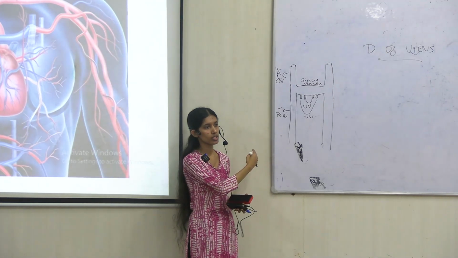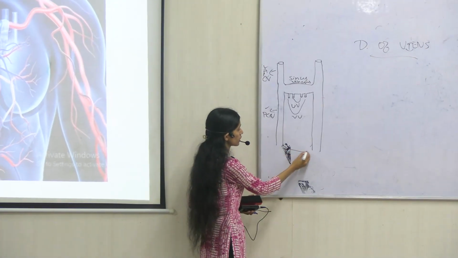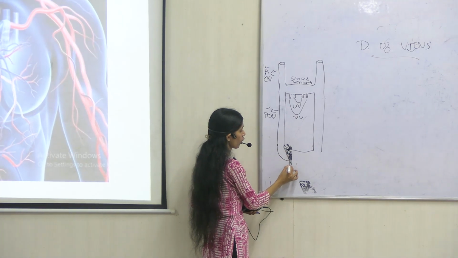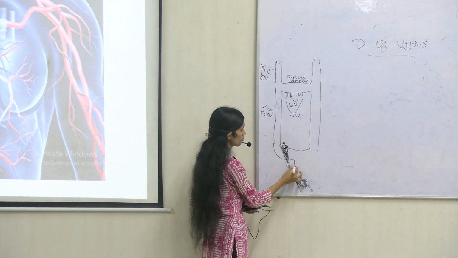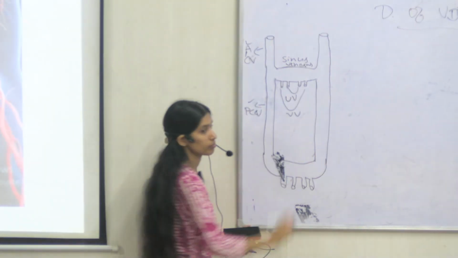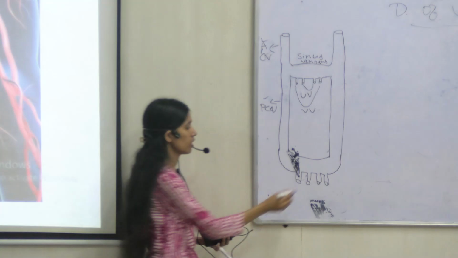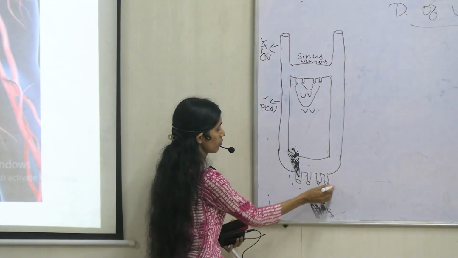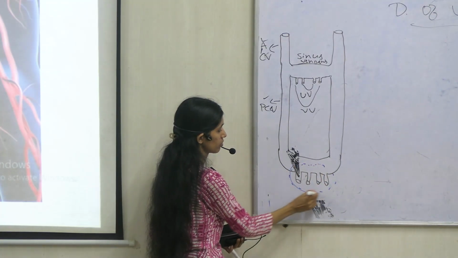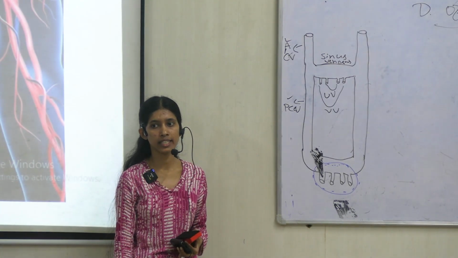So the right posterior and left posterior cardinal vein anastomose with each other at the caudal end to give us which vein? These two structures anastomose with each other to give us common iliac vein.